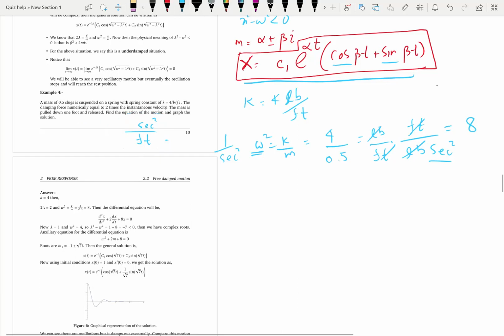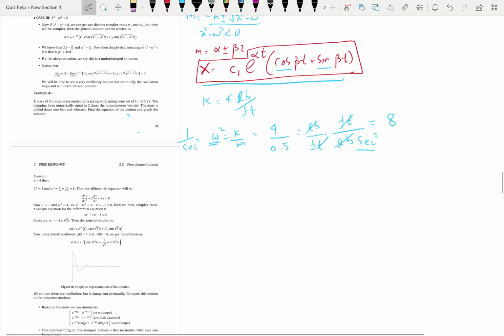And then the question says an interesting thing. The damping force is numerically equal to 2 times the instantaneous velocity. So actually what that means is 2 lambda times dx over dt, where dx over dt is the instantaneous velocity. This is the damping force, okay?